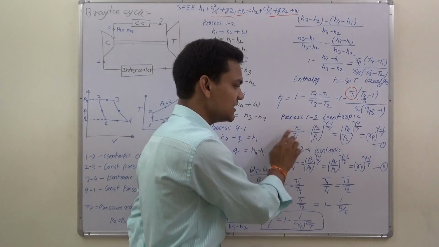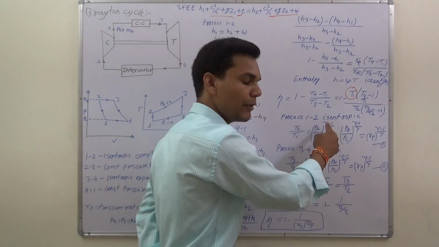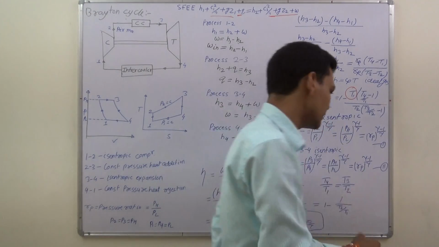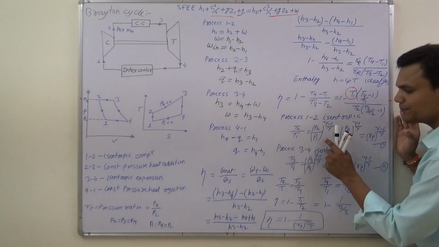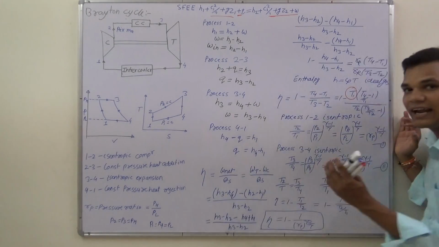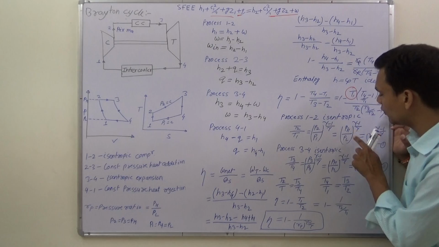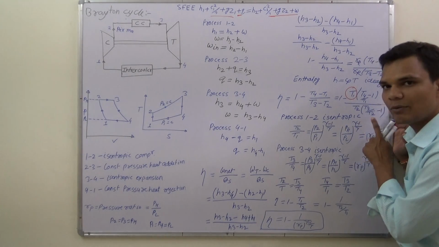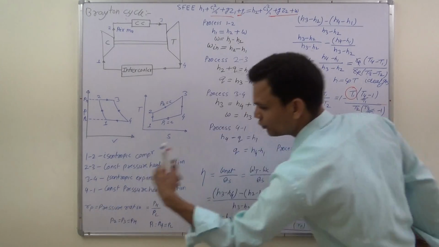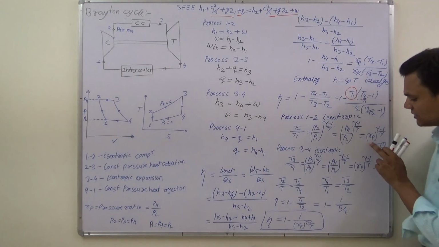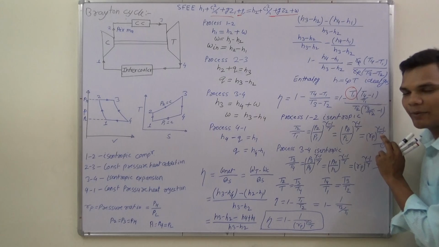So T2 by T1 is equal to (P2 by P1) to the power (gamma minus 1) by gamma, but P2 is equal to P higher and P1 is equal to P lower. So we can write in terms of P higher and P lower, (P higher by P lower) to the power (gamma minus 1) upon gamma, which is equal to the pressure ratio.